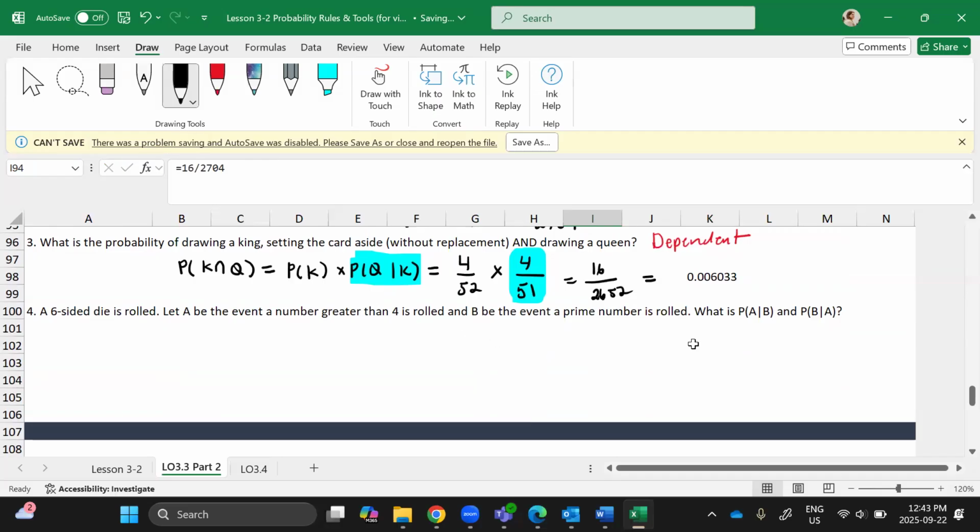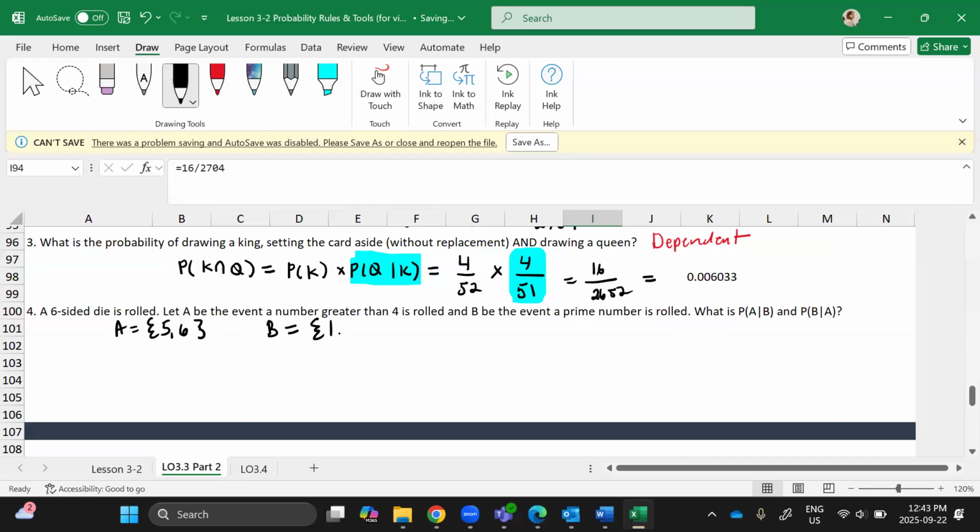And to help you understand the given probabilities a little bit better, we have another example. A six-sided die is rolled. Let A be the event a number greater than 4 is rolled. So A would only be 5 and 6 as options. Let B be the event a prime number is rolled.